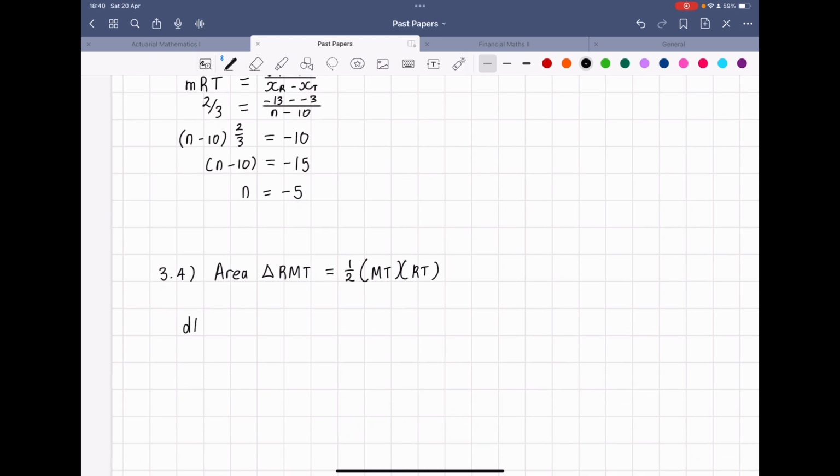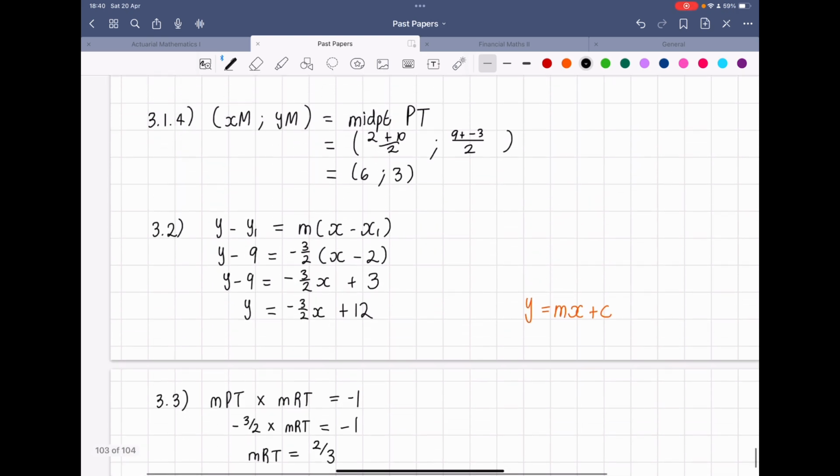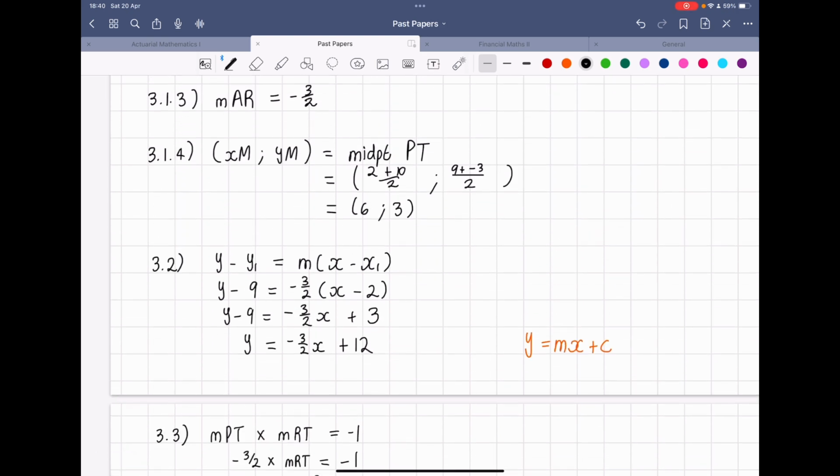So first, for MT, I'm going to have the x of M minus the x of T all squared plus the y of M minus the y of T all squared. And I just substitute the values. I was given the coordinates for T in the question, and we found the coordinates for the midpoint M earlier on. So we found that M was the point (6, 3).